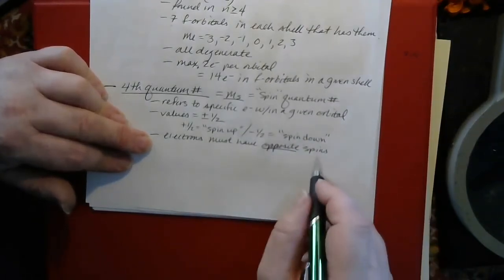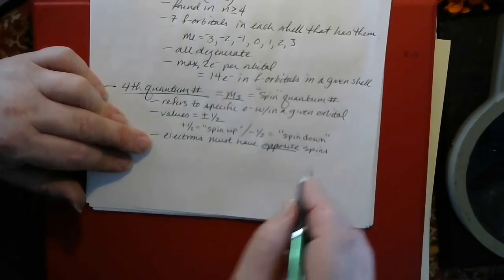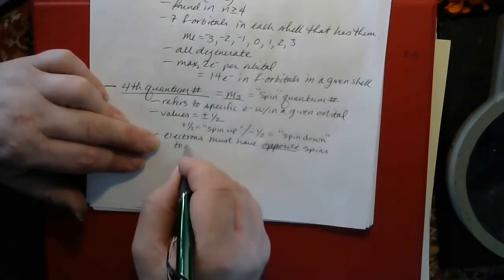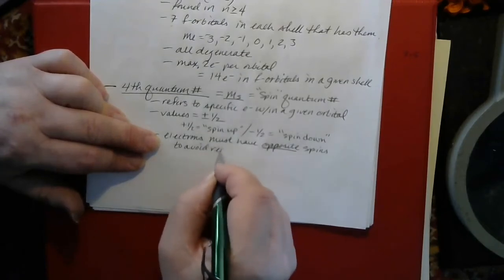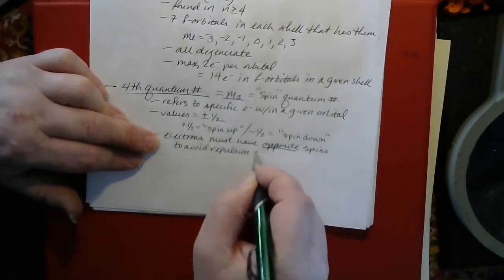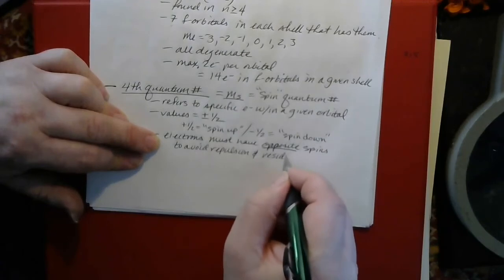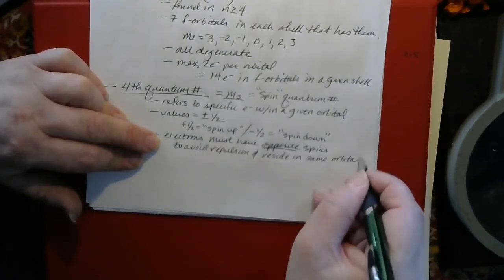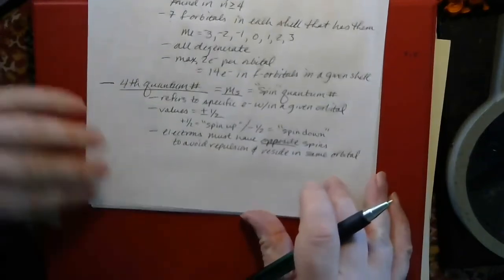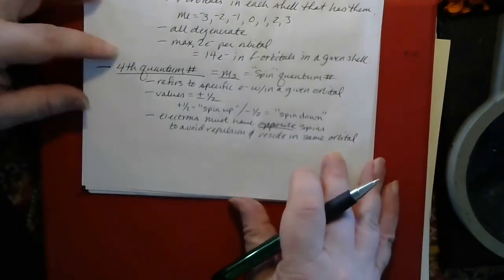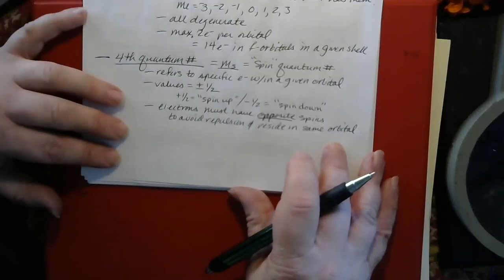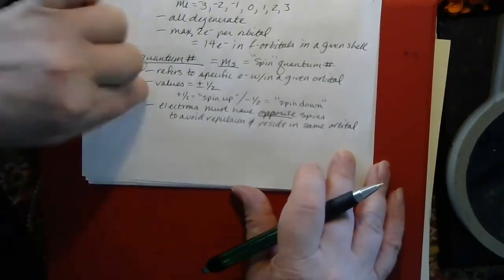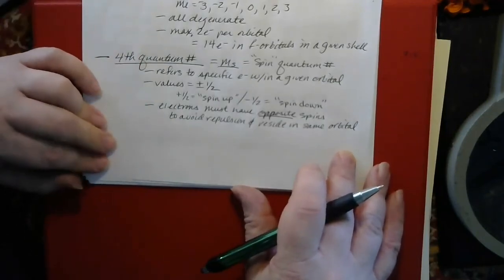So they have to have opposite spins in order to be in the same orbital and avoid repulsion. So in a given orbital, one of the electrons will have a spin quantum number of +1/2, and the other one will have a spin quantum number of -1/2. And now you can identify specifically which electron you're talking about.